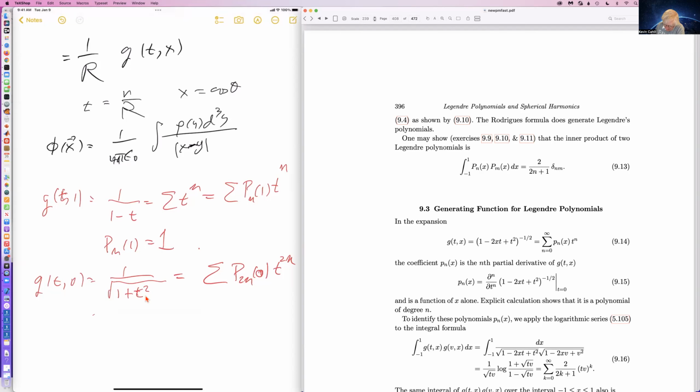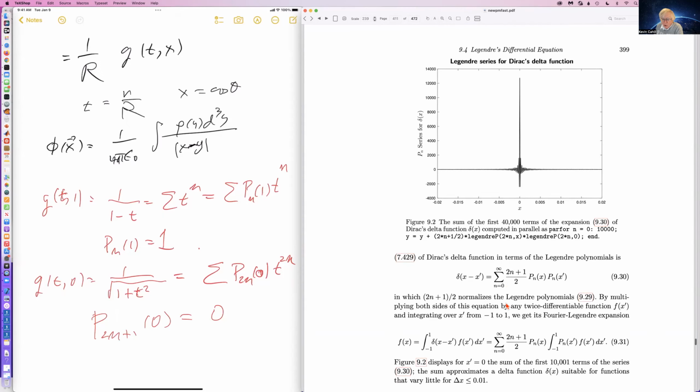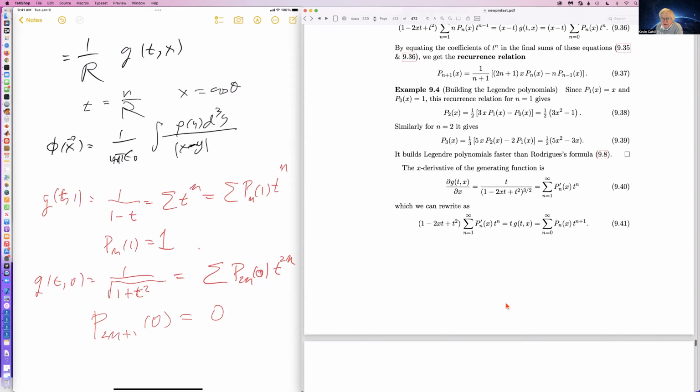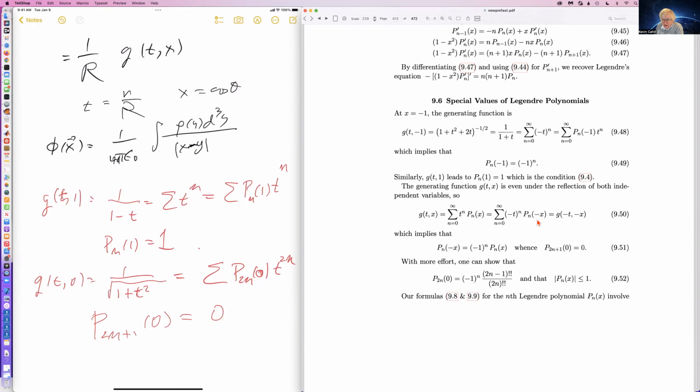And that tells us then that P2n plus 1 of 0 is equal to 0. And that, in fact, is what one gets here, namely that P2n plus 1 of 0 is 0. And on the other hand, P2n of 0 is something involving a ratio of double factorials. So that's a bit complicated.